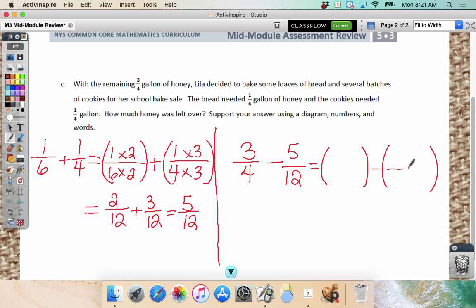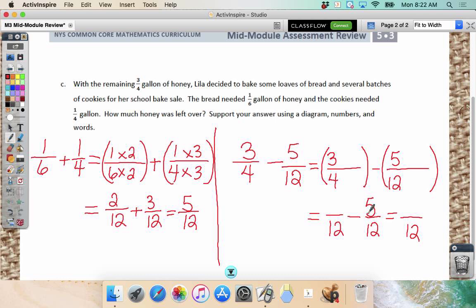If the 2 divides into the 12, I use the bigger one. So that means, and these are my favorite, because I get to keep one of the fractions and I don't have to change it. Which fraction do I get to keep? 5/12. So I'm going to go ahead and write that down.